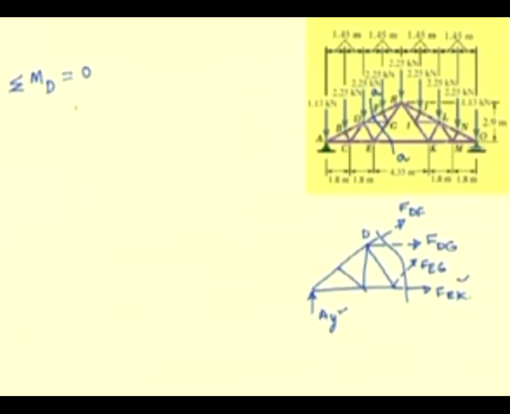That is equal to 1.5 times 2250, because we have some applied loads at these points, the 1.13 kilonewton force, the 2.25 kilonewton force at B, A and D.